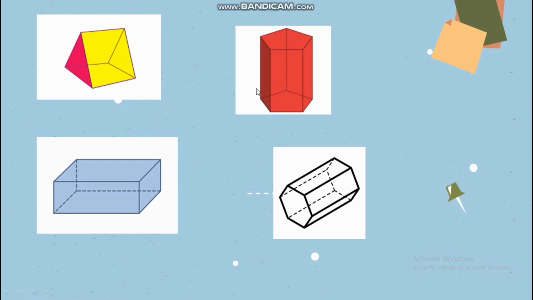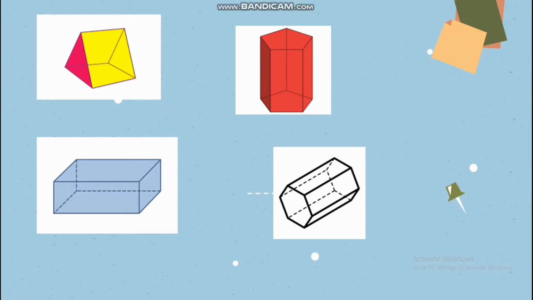Pentagonal prism. On the pentagonal prism, the edges are 15, the faces are 7, and the vertices are 10.